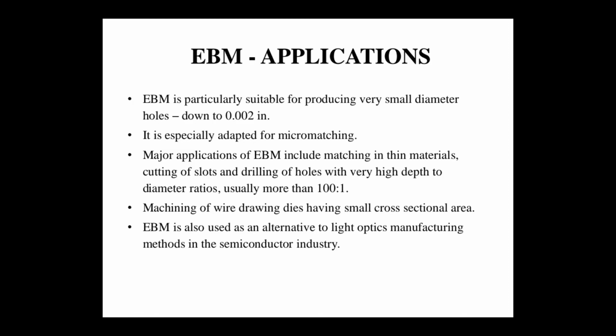Machining of wire drawing dies having small cross-sectional area can be done with the help of this EBM. EBM is also used as an alternative to light optics manufacturing methods in the semiconductor industries. So this is about electron beam machining.